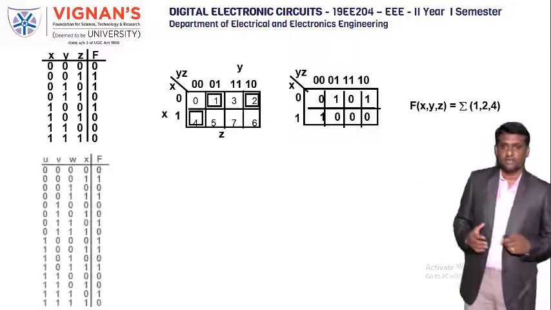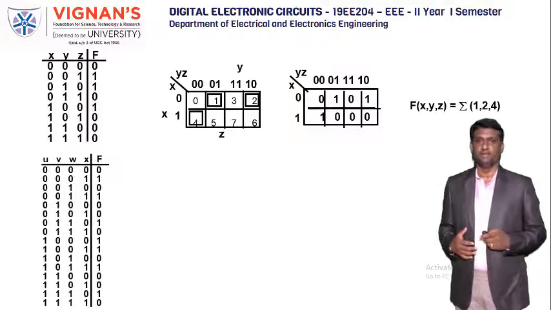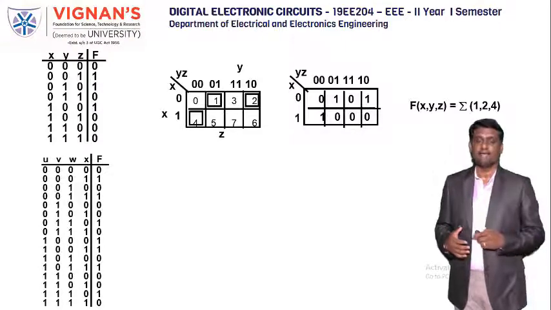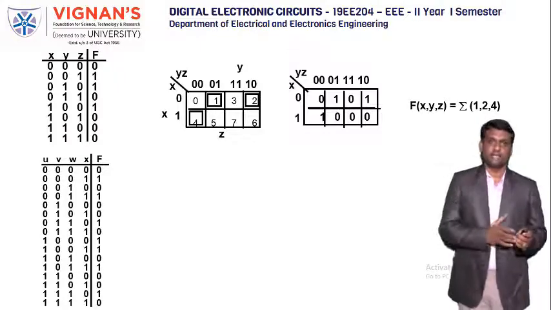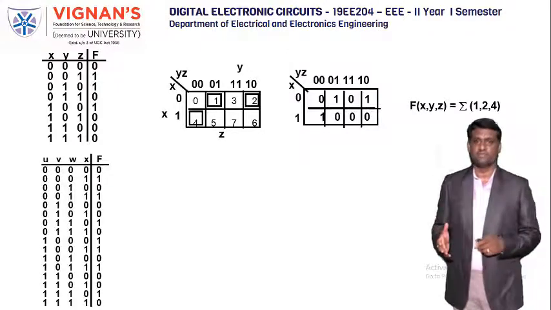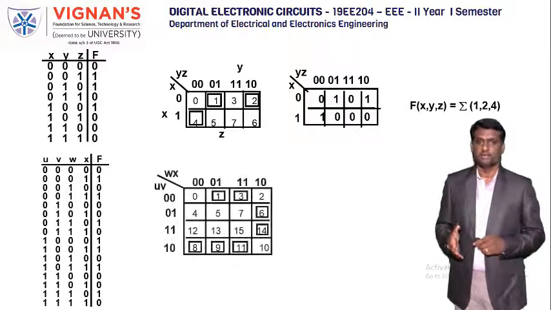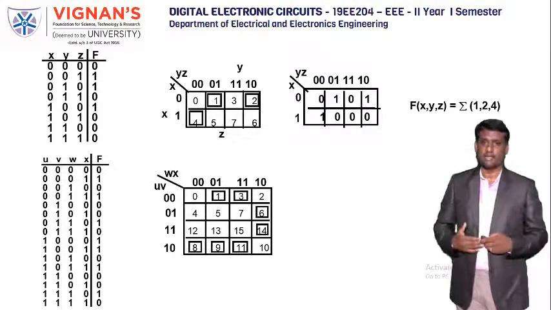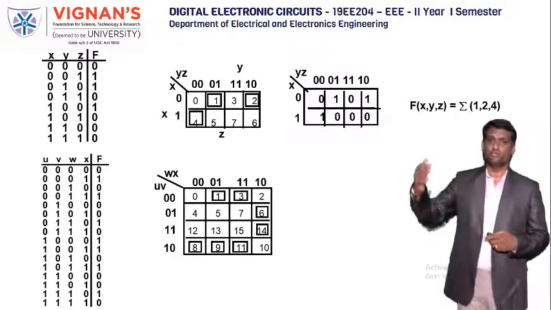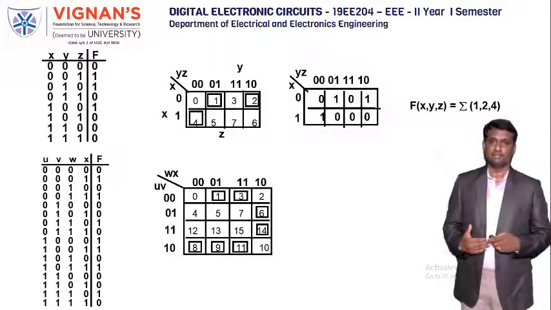Similarly, see the 4 variable truth table and its representation on the K-map. The 4 variable truth table has a total of 16 combinations from 0 to 15 decimal equivalents.